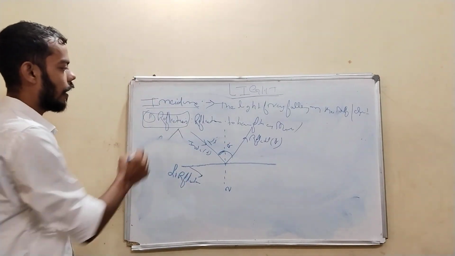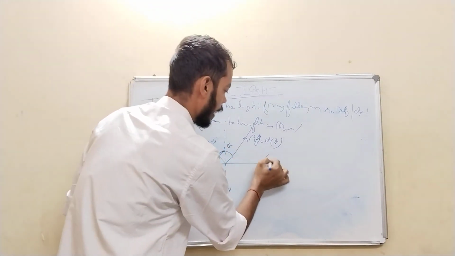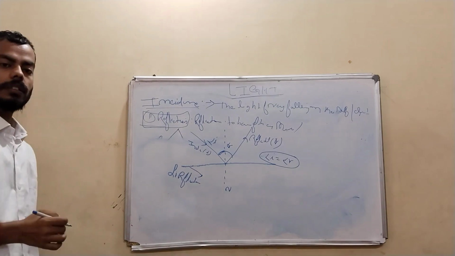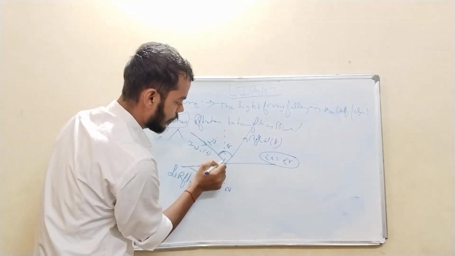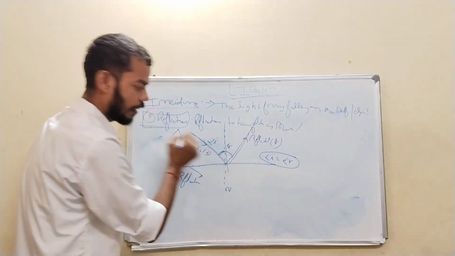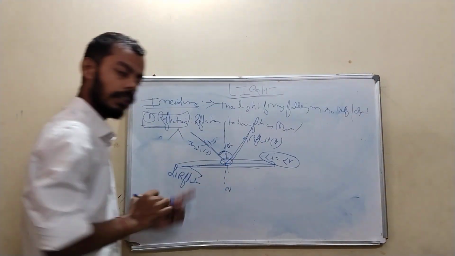According to the first law of reflection, the angle of incidence is equal to the angle of reflection. And what the second law of reflection says is that the incident ray, the normal ray and the reflected ray all lie in the same plane. This is the plane, all lie in the same plane.